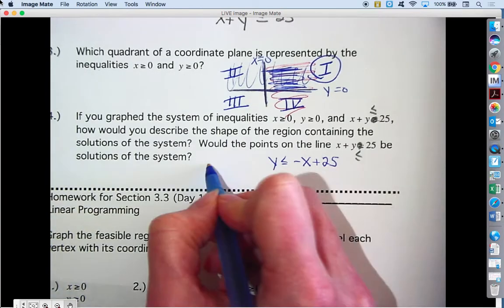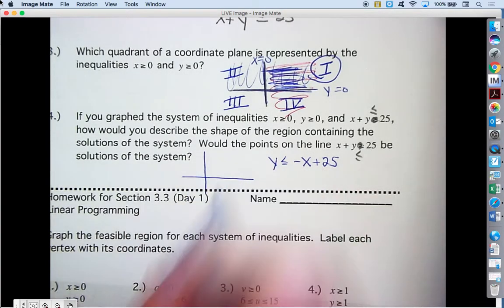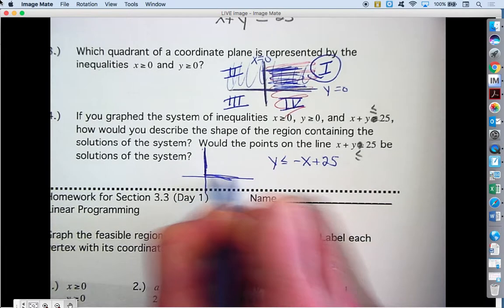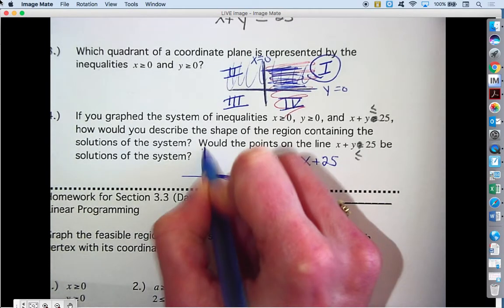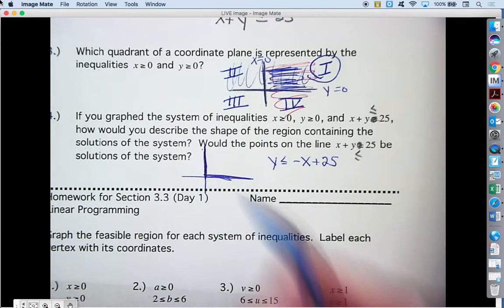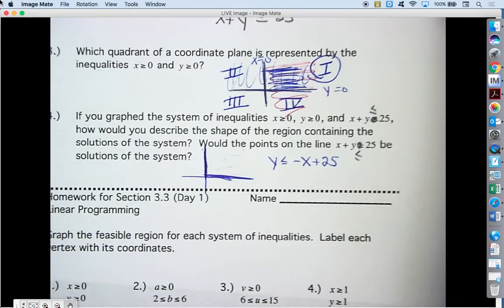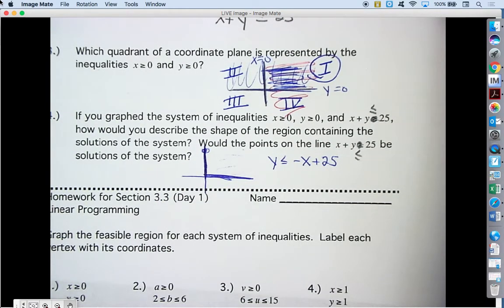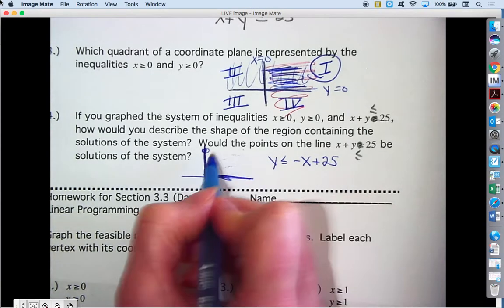So if you think about a graph, we just said above that the graph has to be in the first quadrant for x and y to be greater than or equal to 0. So that puts us up here in this region. And then if I graph 25, that's somewhere up at the top. A negative slope means that the line does what, Chelsea? It decreases, so it's going to go down.